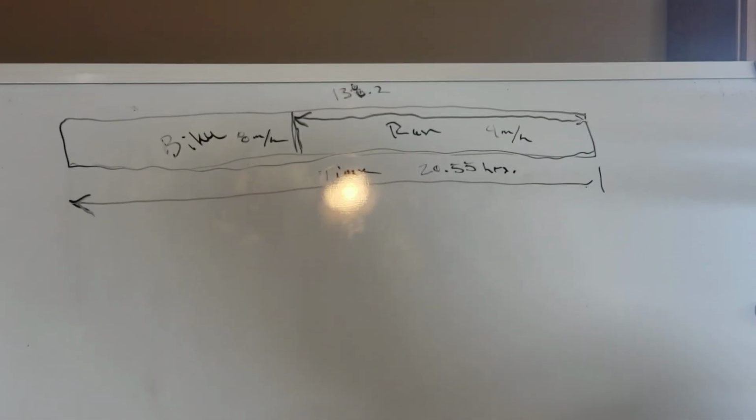So we just have to fill in these two things equals either the time or the distance. But because the hours are on the bottom of this ratio, we're going to use miles.